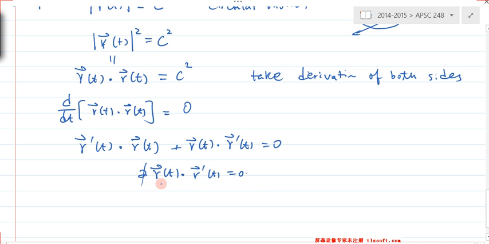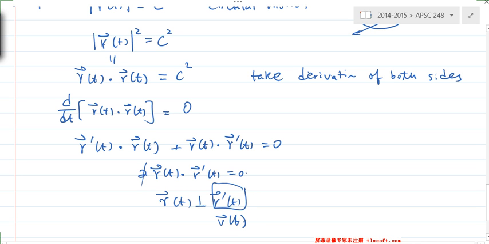So what does that tell you? What's the geometric relation between r of t and r prime of t? They are perpendicular, right? And r prime of t is actually what we're looking for, which is basically the velocity. So this is the velocity here.